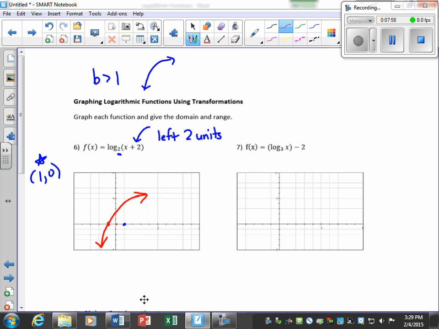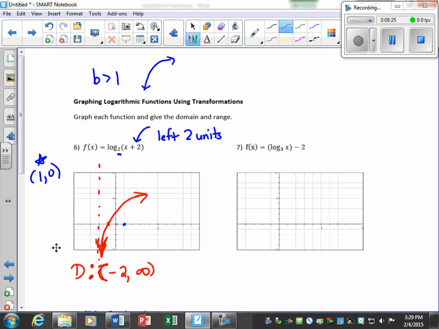Okay, the domain is the x values, the leftmost x values. So that's at -2, because it's going to get very, very close to -2, but never cross and touch it. So the domain is going to be -2 to infinity.